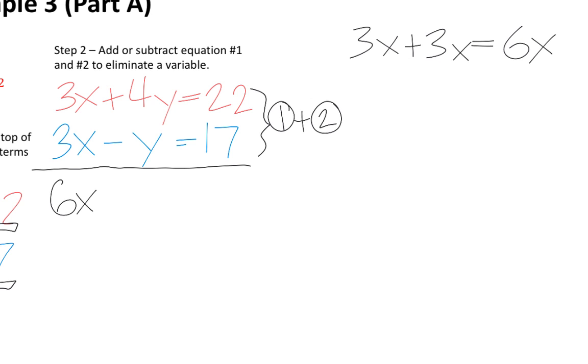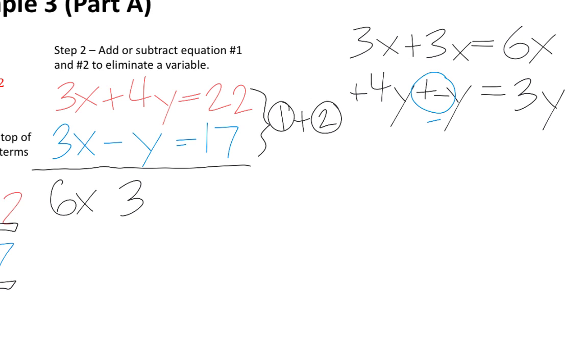Now, I'm going to look at positive 4y plus negative y. Now, when you have a positive and negative sign together, that simplifies into a negative sign. So what I have is actually positive 4y subtract y, which is positive 3y. So I'm going to put that over here.